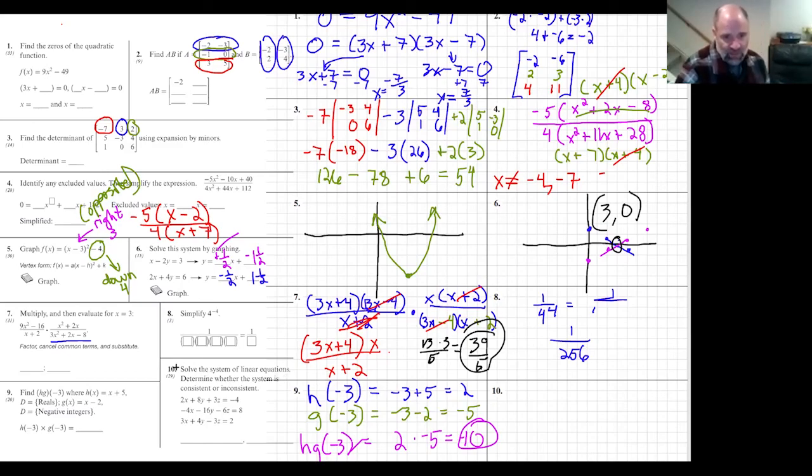Solve the system of linear equations to determine whether the system is consistent or inconsistent. Okay, so there's many ways you can do this. What looks easy here? It looks like the Z's could cancel there.